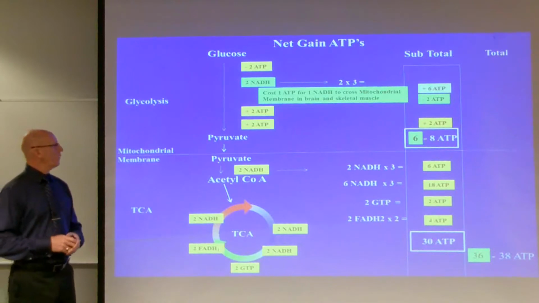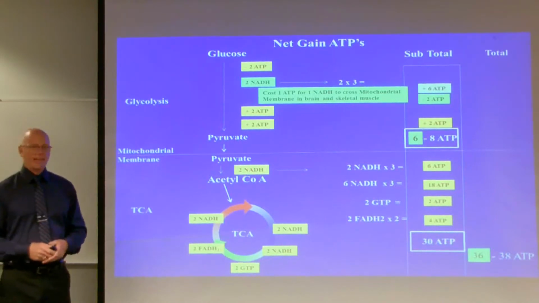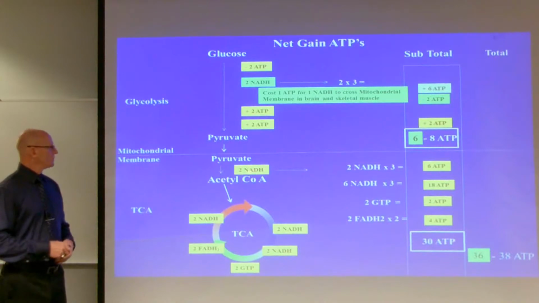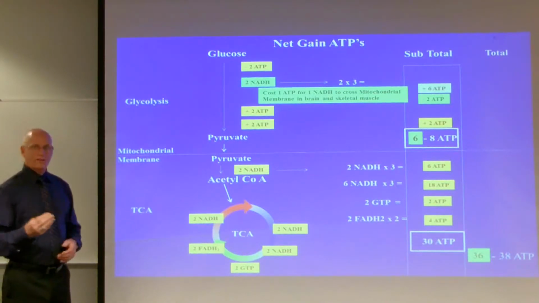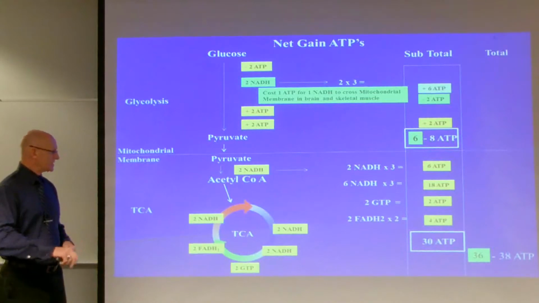Now, once we got pyruvate into the mitochondria, we converted that to acetyl-CoA, and we were able to reduce the oxidized form of NAD and get 2 NADHs. So here we have 2, and again, one of these will equal 3 ATPs, so 2 times 3 is 6 ATPs. And everything, again, like I said, is doubled.